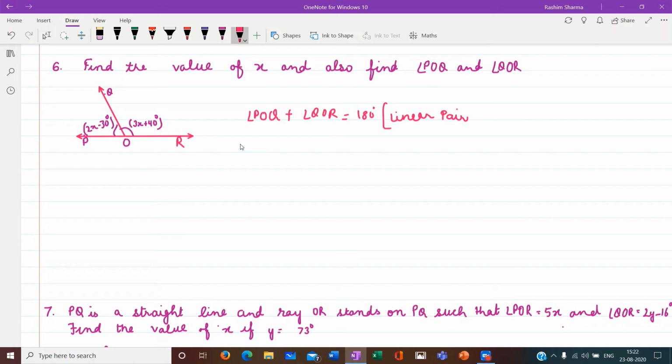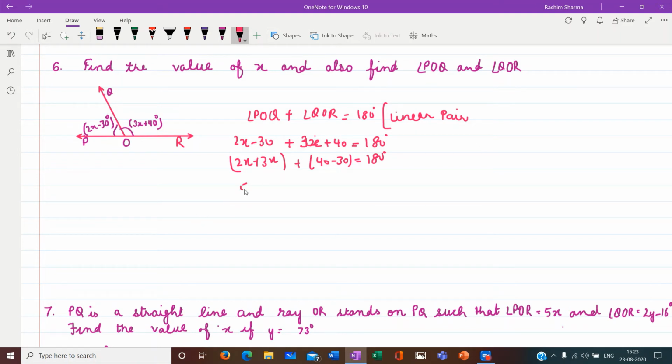Now angle POQ is given as 2x minus 30 and angle QOR is given as 3x plus 40. The sum of them is equal to 180 degree. Now let us add 2x and 3x, and here we have 40 and minus 30.